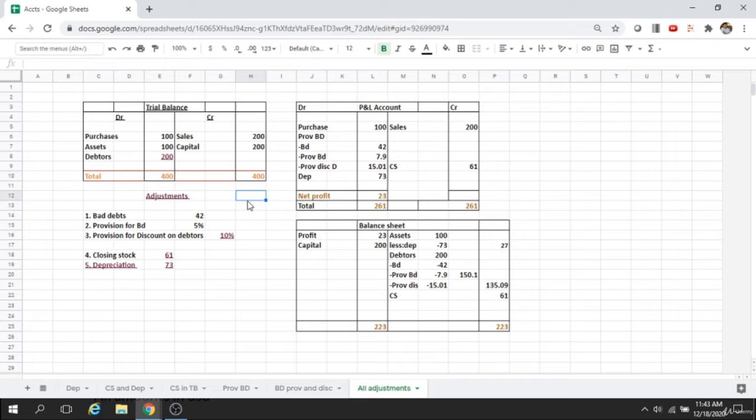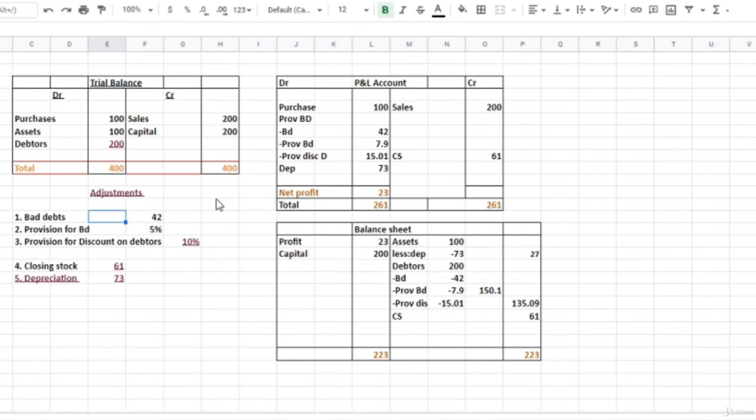This is the same trial balance which we copied from the slide. And these are the adjustments. I'm using a function to update these amounts. Now if I update this sheet, you can see the amount of adjustments are changed.